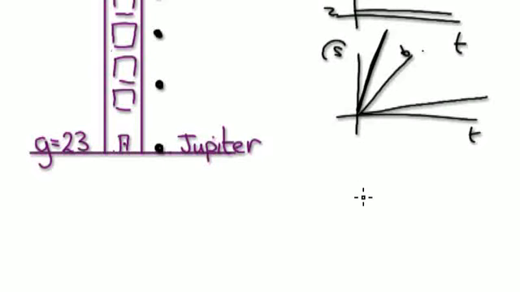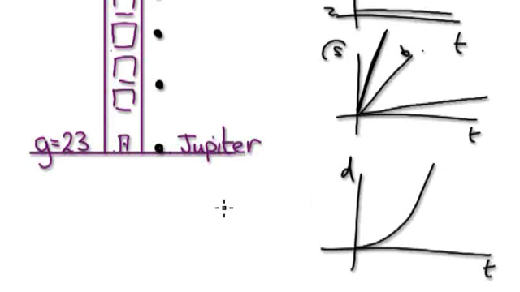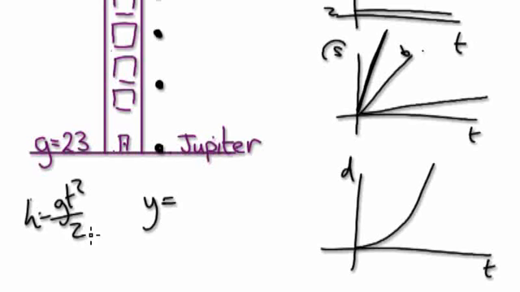Okay. And if you want to sketch the distance time graph on Earth, it is something like this. Remember, freefall is h equals gt squared over 2. Well, this line here is actually gt squared over 2 as well.